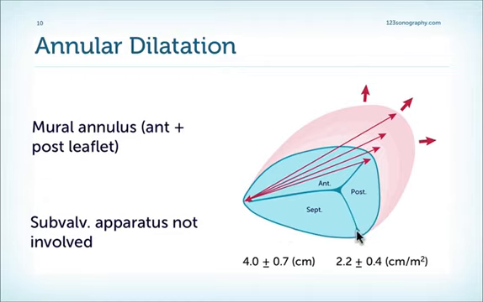Since the septal leaflet is fairly well fixed to the septum, it is the anterior and the posterior part of the leaflets and the ring, of course, which move laterally and are displaced and thereby cause dilatation of the ring. Usually we have an increase in the size of the ring and in the orifice area in patients who have functional TR. In contrast to the mitral valve, the subvalvular apparatus is not involved, so we very rarely see restriction of the leaflets.